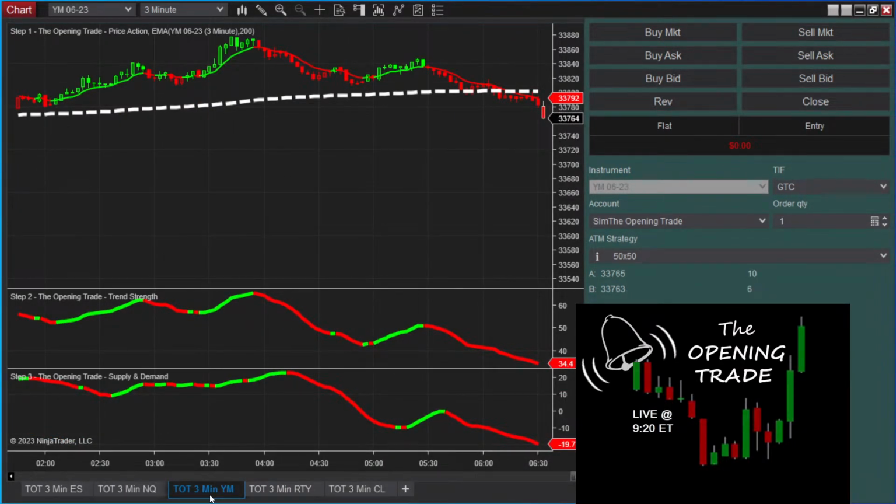Our first automated trade, if the parameters are met, will fire off on the Dow Jones futures.